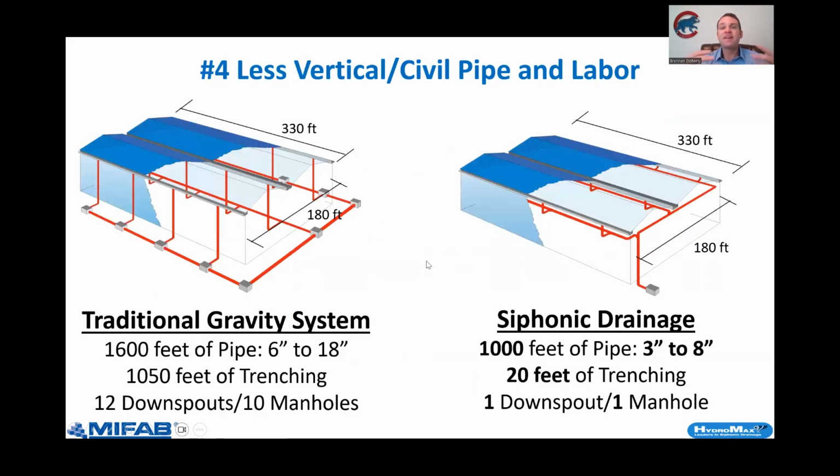Now that we have our basic building blocks, let's put it all together and see why it's delivering such a value. First off, that decision on the roof is affecting more than just our plumbing scope. It is affecting our civil scope as well, as we can visually see here, but let's unwrap it all. The elimination of these vertical downspouts, not only is that material cost, that's also install labor.